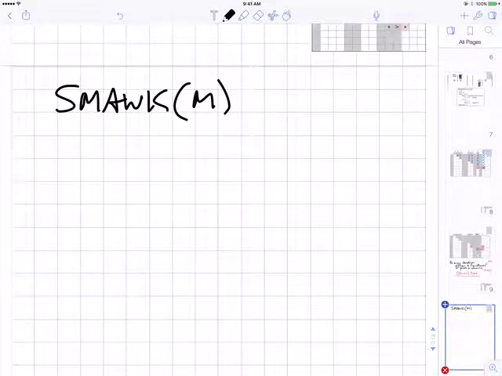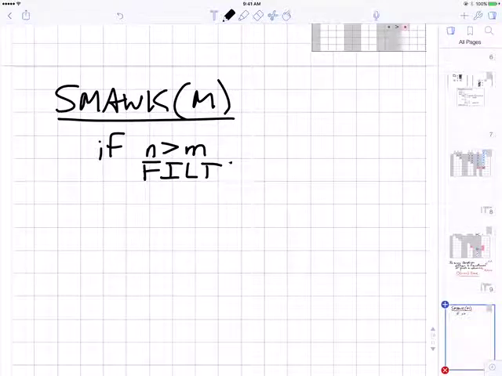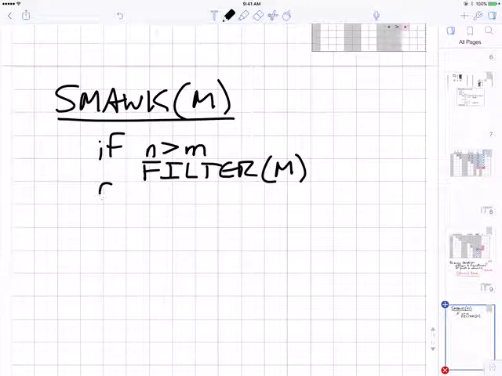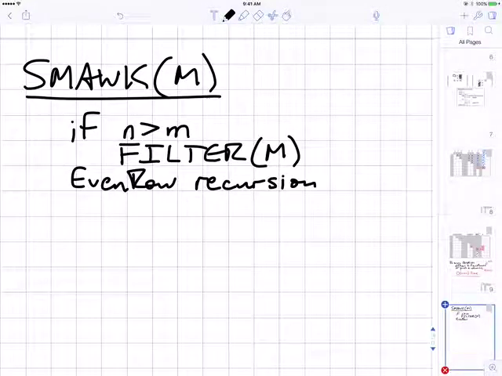So I'm given this two-dimensional array M. If the number of columns is bigger than the number of rows, I apply this filter to M. And then I do this even row recursion from before.